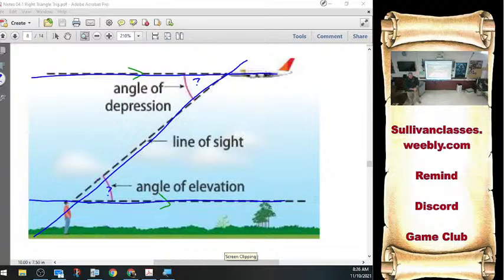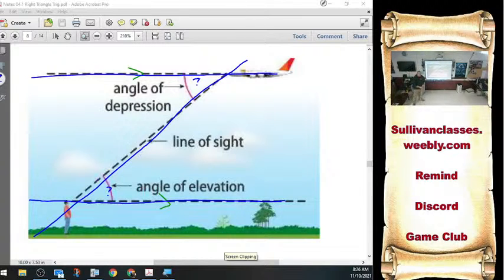Yes, they are congruent. That means their measures are equal. What are they called? Something about interior. On opposite sides of the transversal, alternate interior.